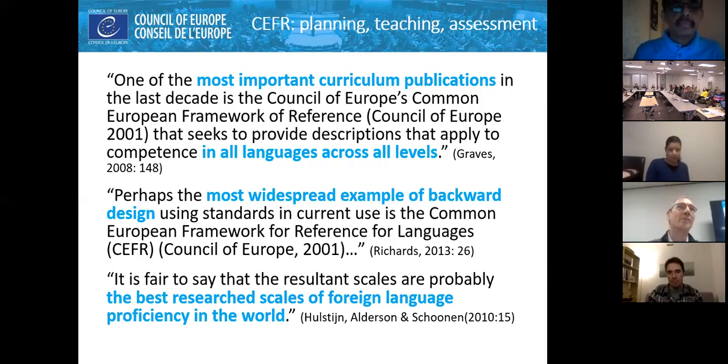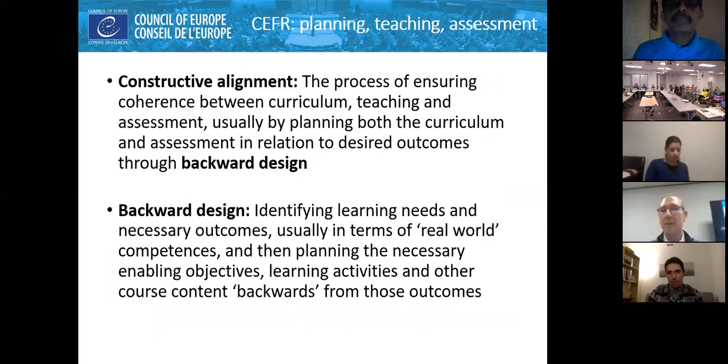What's different about the way in which the CFR descriptors were developed 20 years ago and the way that we did the update in the last 5 years. So what it's all about is that there's a concept of constructive alignment, which is aligning planning, teaching, and assessment all into an integrated whole.